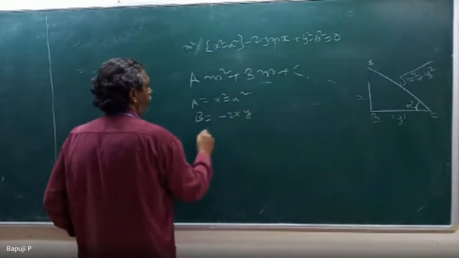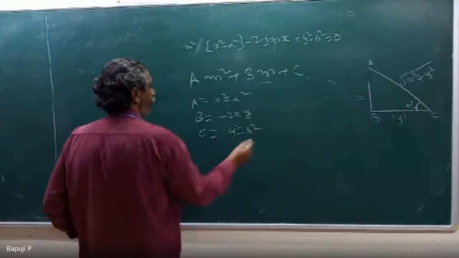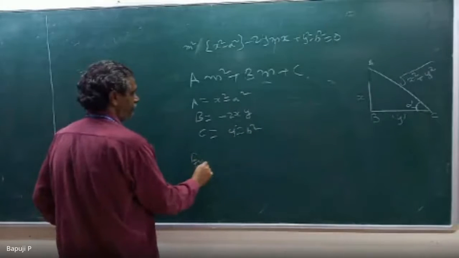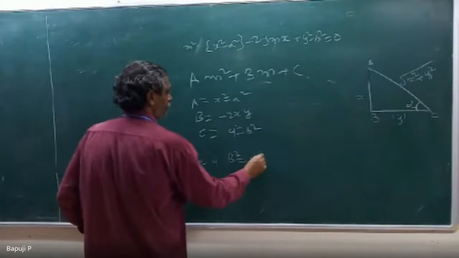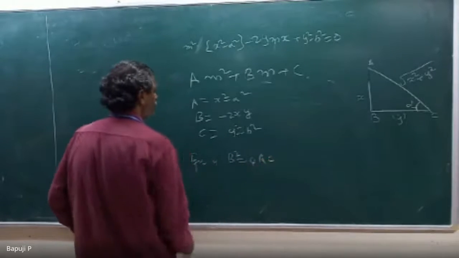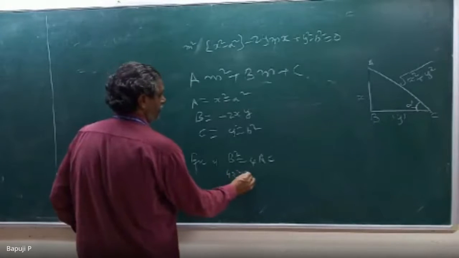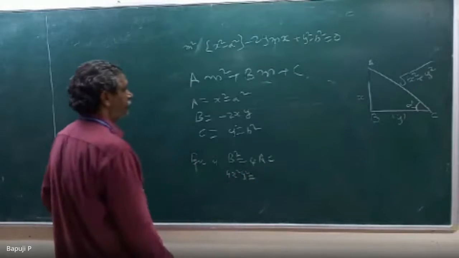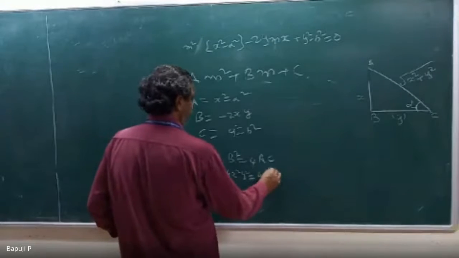Who is my C? Now the envelope is B² = 4AC. Now who is B²? 4x²y² = 4AC.